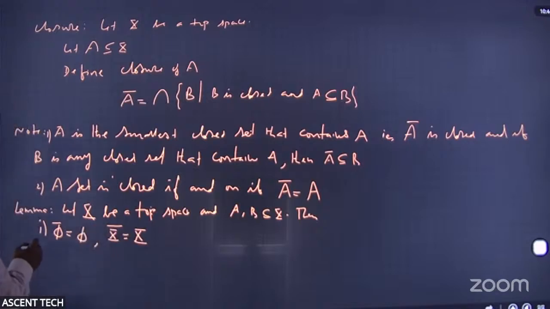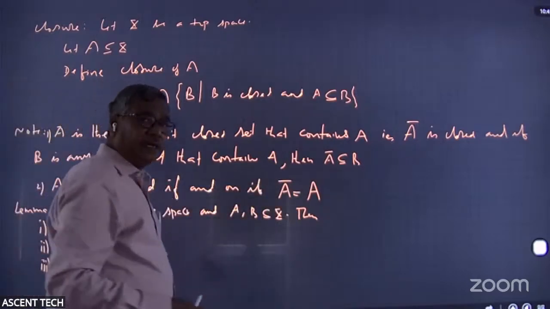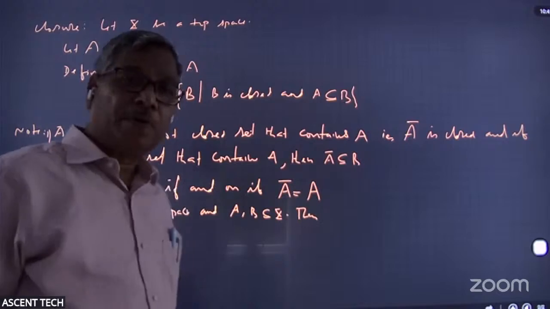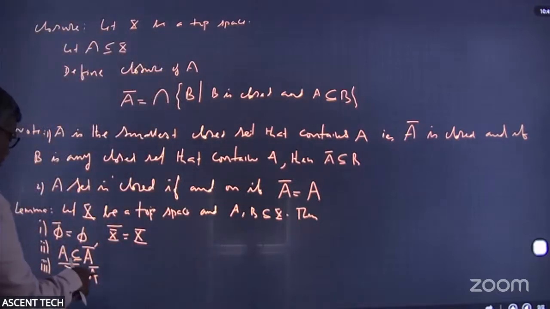Two, A is contained in A bar. It's obvious. Three, A bar bar equals A bar. A bar is closed. You just saw that if a set is closed, its bar is itself. So if A bar is closed, its bar is A bar.